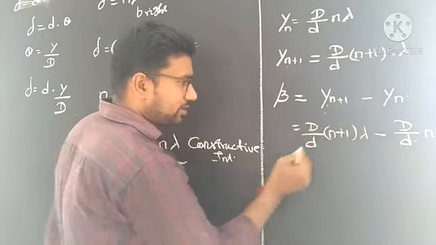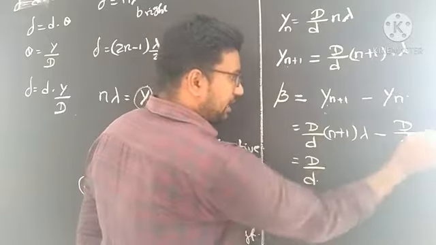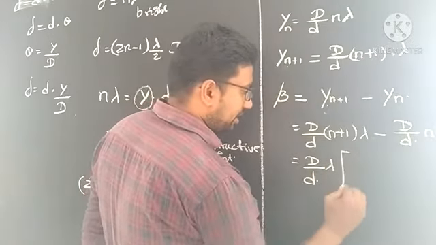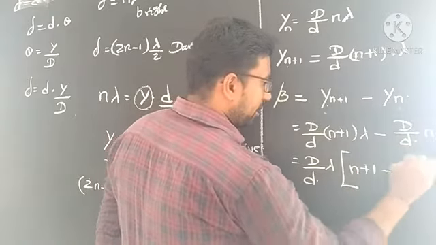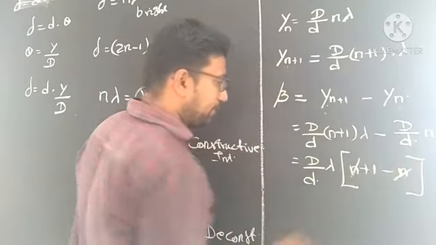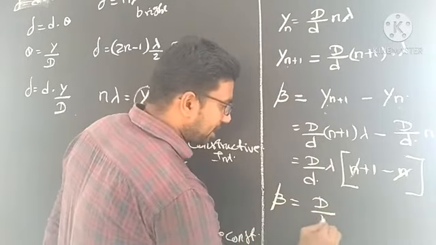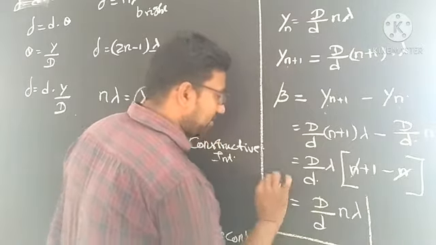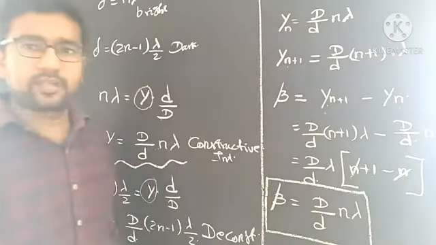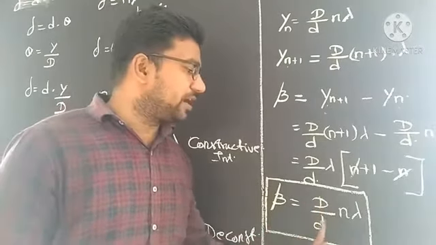Simplify this equation. The common factors are D/d and λ. Then (n+1) − n, the n cancels, leaving 1. Finally we get β = Dλ/d. This is the bandwidth expression for bright fringes.